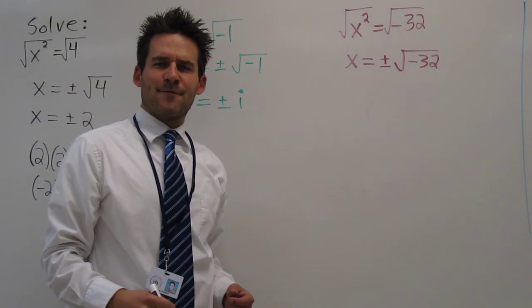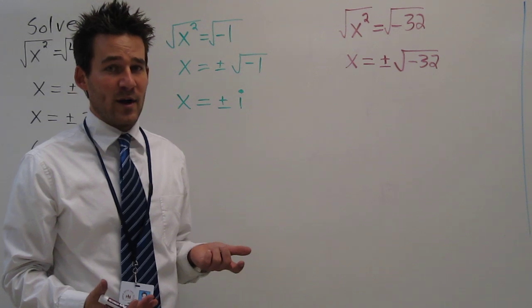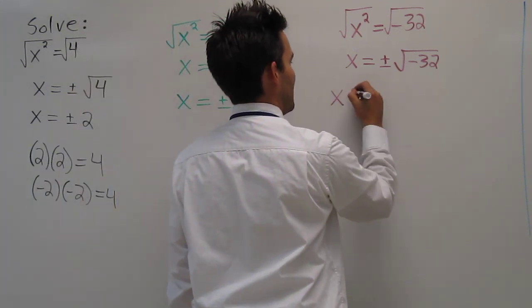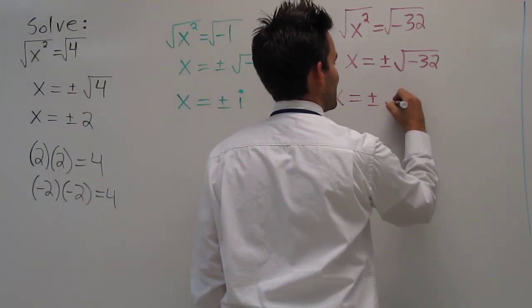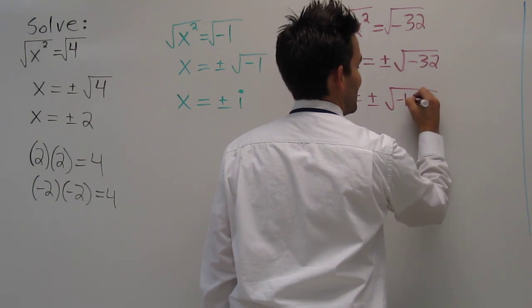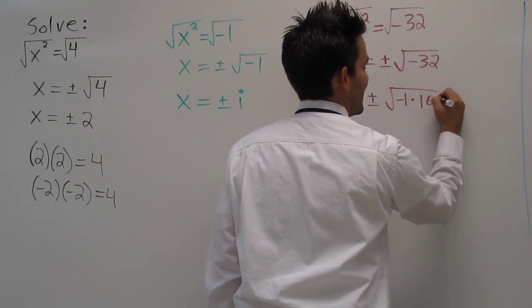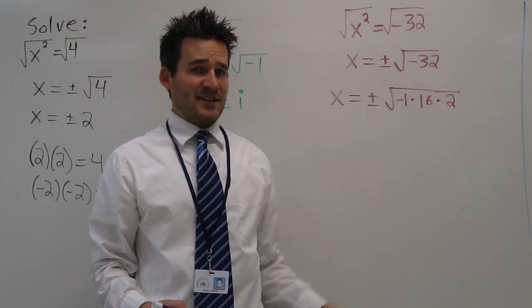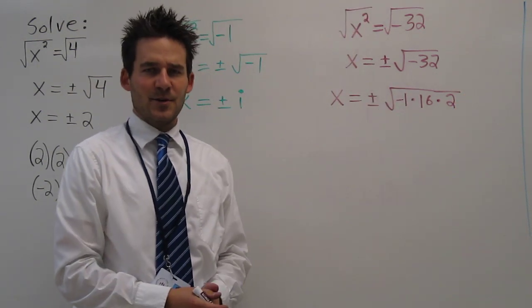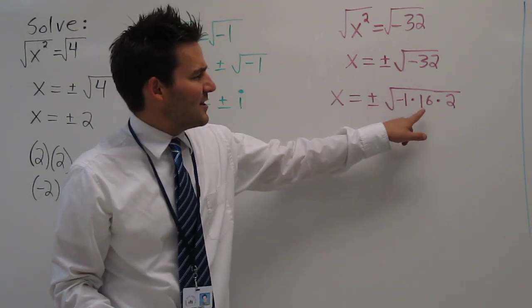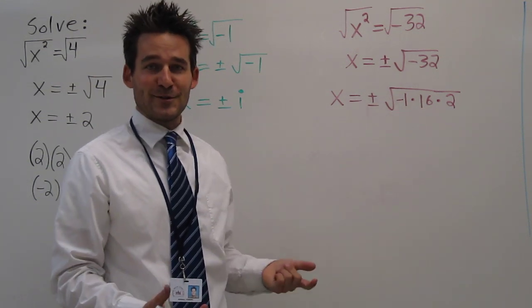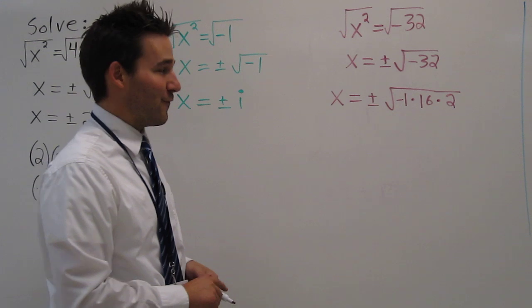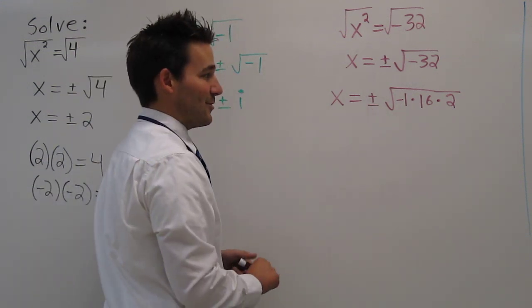Let's rewrite negative 32 and see if we can find any squares. x equals plus or minus the square root of negative 1 times 16 times 2. Now the product of these three numbers is negative 32, but when written like this, we can clearly see that 16 is a perfect square.